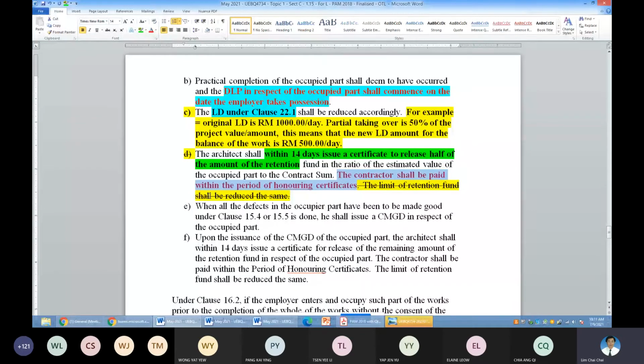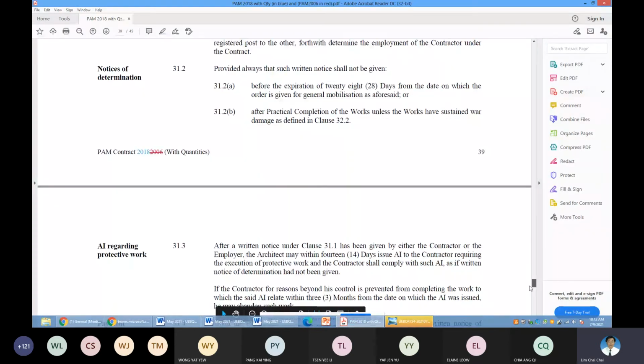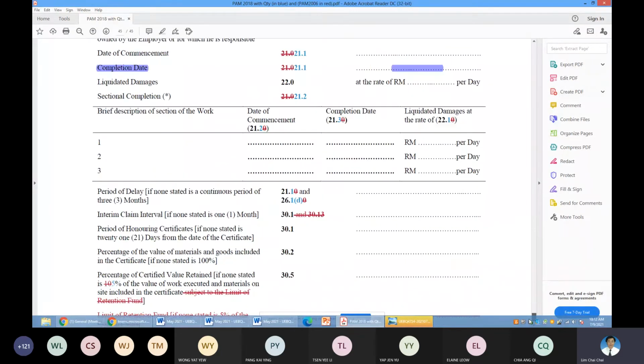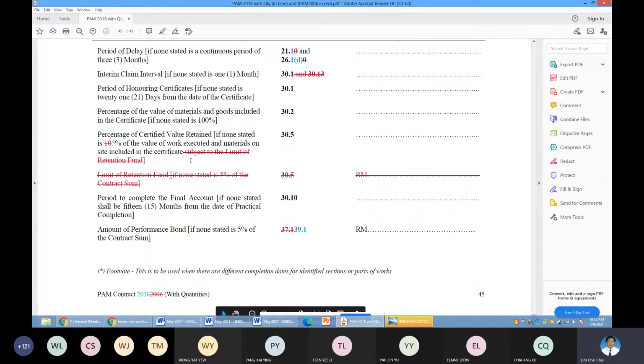In PAM 2006, there is such a thing, because the calculation of your retention sum is different. In your PAM 2018, your retention sum computation is slightly modified. See here? The retention sum is now 5% throughout. There is no such thing as 10% of the work done up to a maximum of 5% of the contract sum.